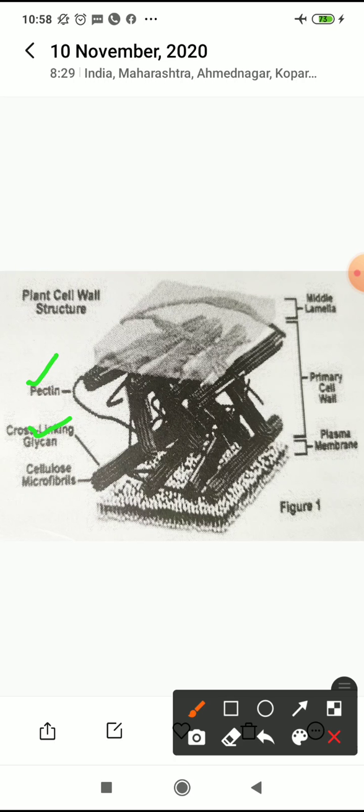Now, secondary cell wall. So it is deposited inside the primary cell wall as cell matures and has composition nearly identical to that of primary cell wall.